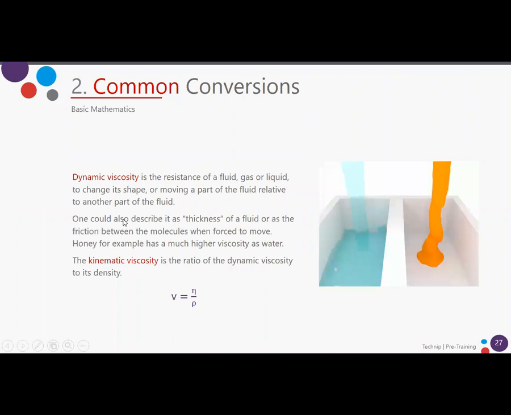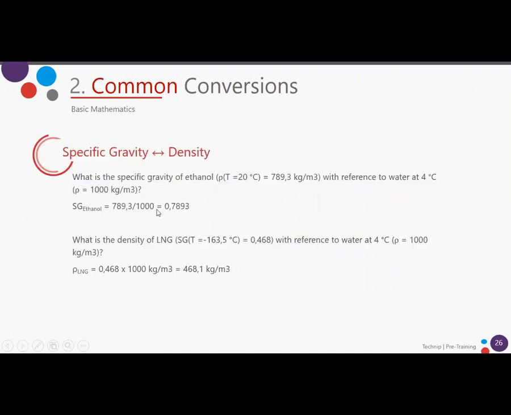Some examples. Okay. So what is the specific gravity of ethanol at 20 degrees? The density of ethanol at 20 degrees is 789.3 kilograms per cubic meter, with reference to water at 4 degrees, and the density of water at 4 degrees is 1,000 kilograms per cubic meter.